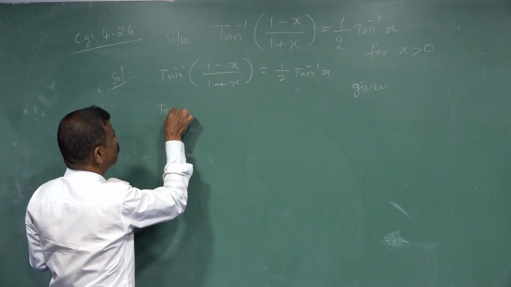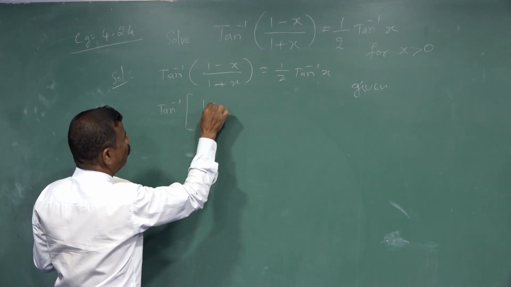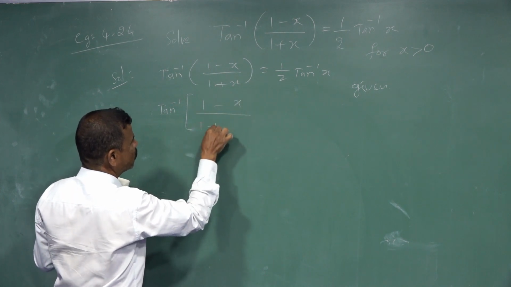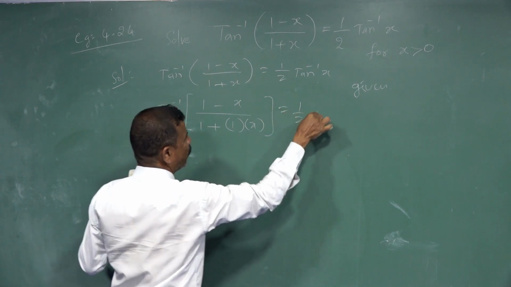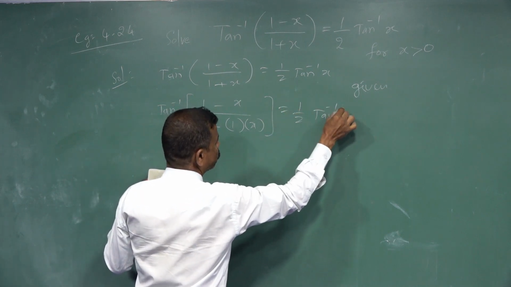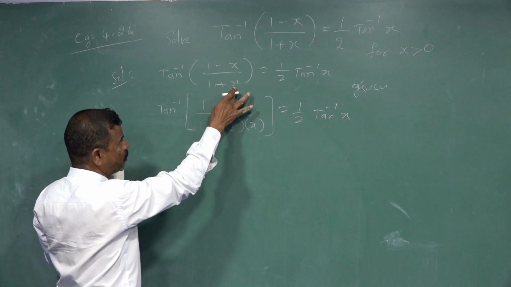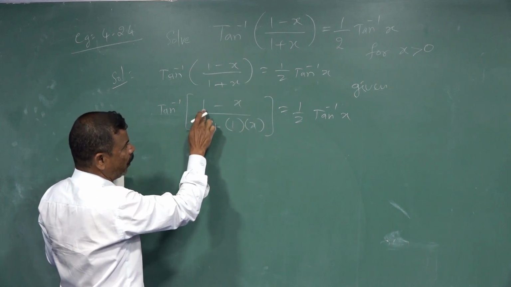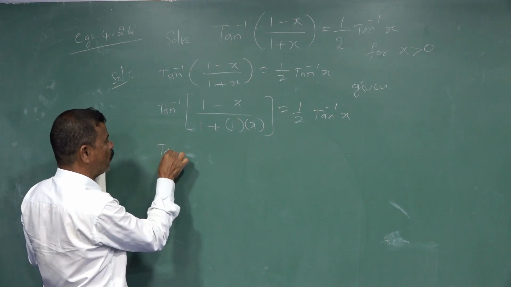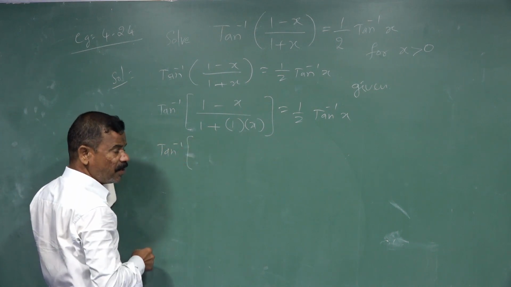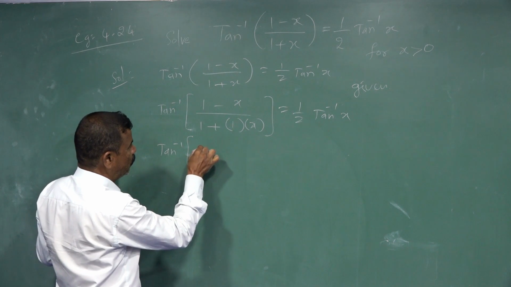This is written as tan inverse of (1 minus x) by (1 plus 1 into x) is equal to 1 by 2 tan inverse x. Here the technique is x into 1. So (x minus y) by (1 plus xy) is tan inverse of x minus tan inverse of y.